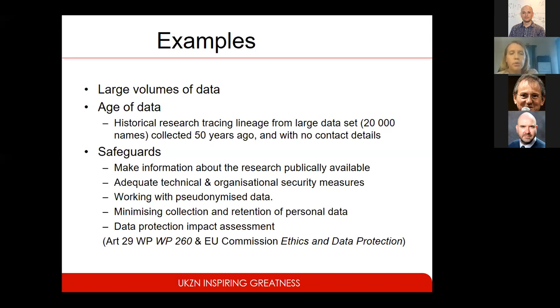And some examples of the kinds of safeguards that we could apply would be to make information about the research publicly available, to ensure that there are technical and organizational security measures in place to protect the privacy and confidentiality of the data, working with pseudonymized data, minimizing the collection and retention of personal data, and in projects that have a high risk of privacy impacts, always to have a documented data protection impact assessment.